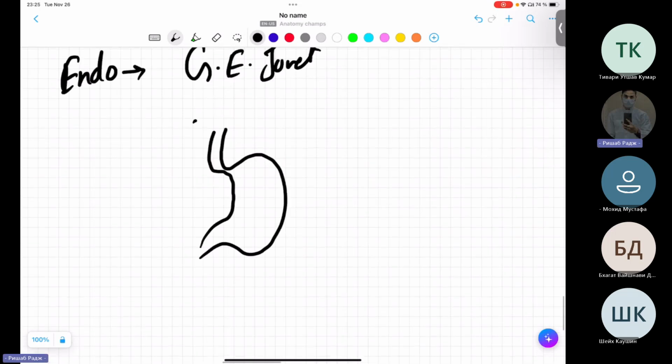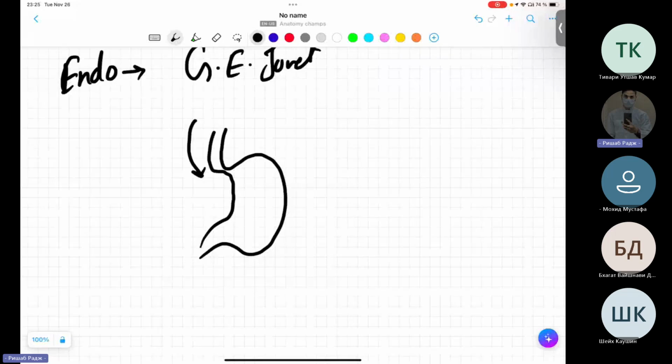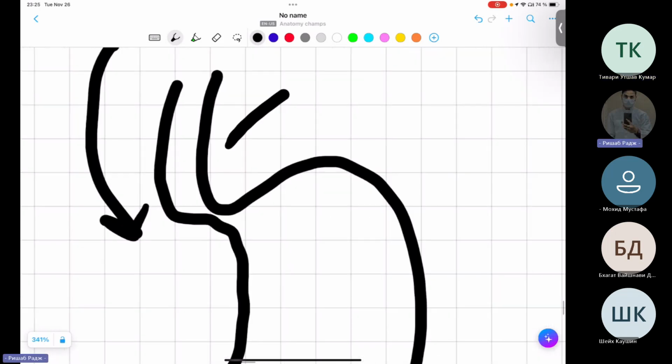Suppose you are doing an endoscopy. How will you know this is your gastroesophageal junction? The serosa and adventitia are present on the outside, but your camera is present inside. How can you know? Tell me.